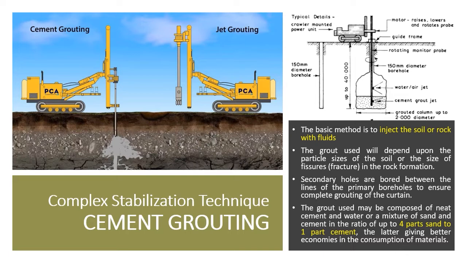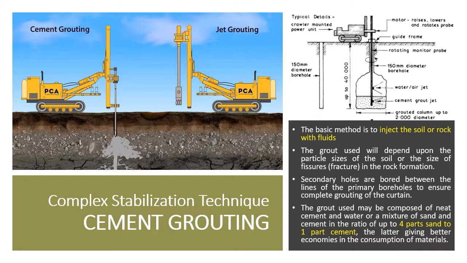Jet grouting is a means of consolidating ground by lowering a monitor probe into preformed boreholes. The probe is rotated and the sides of the boreholes are subjected to jets of pressurized water and air from a single outlet, which enlarges and compacts the borehole sides.